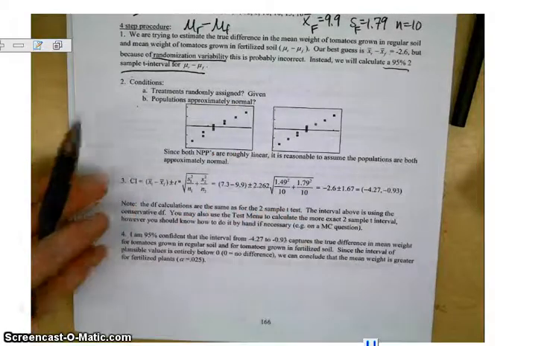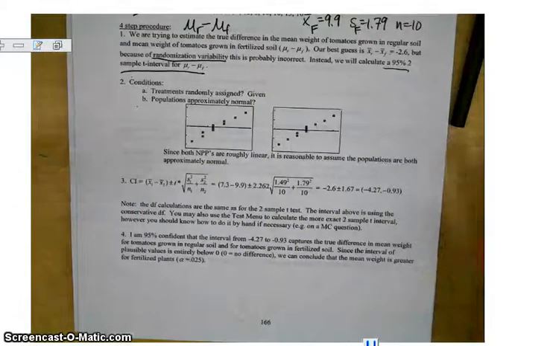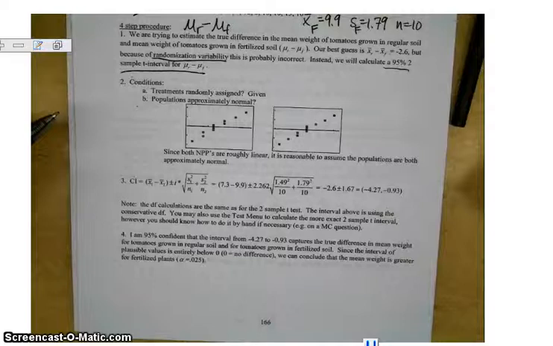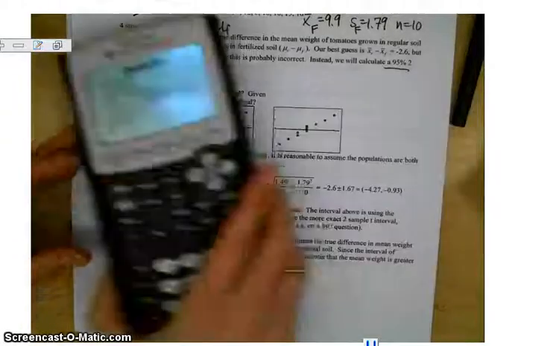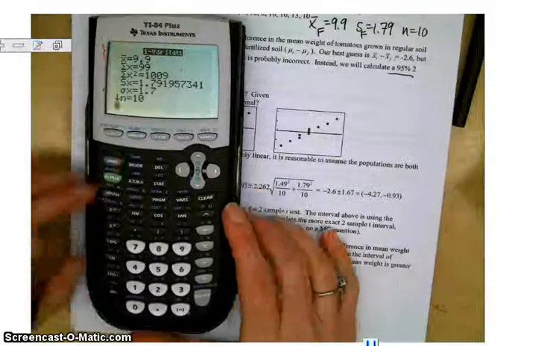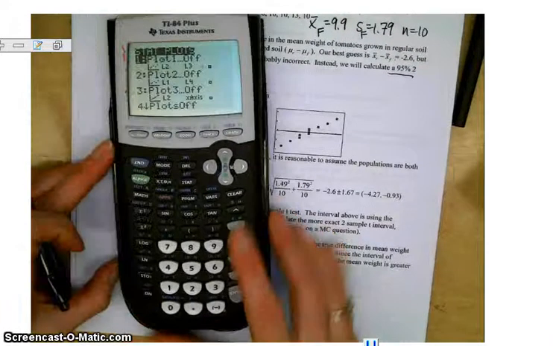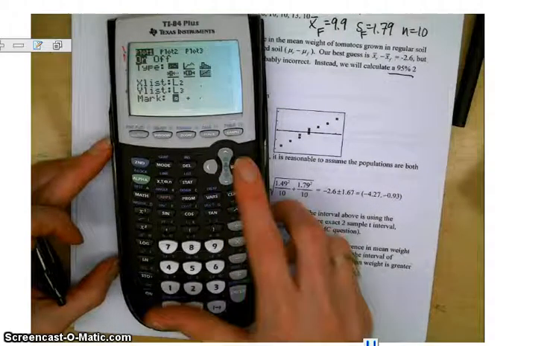Now, if you happen to forget and test that 10% or independence condition, that would be okay. It's not going to be a huge deal. It's better to check more conditions than not enough. So, approximately normal, well, I don't know. You just need to check the NPPs. So I'll just do the NPP for one if you go second stat plot. I want the last graph.